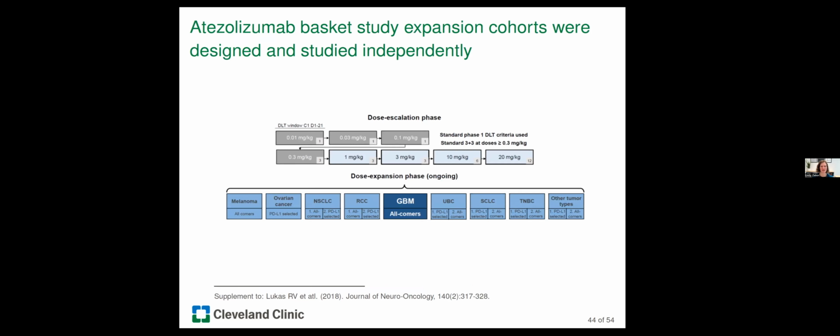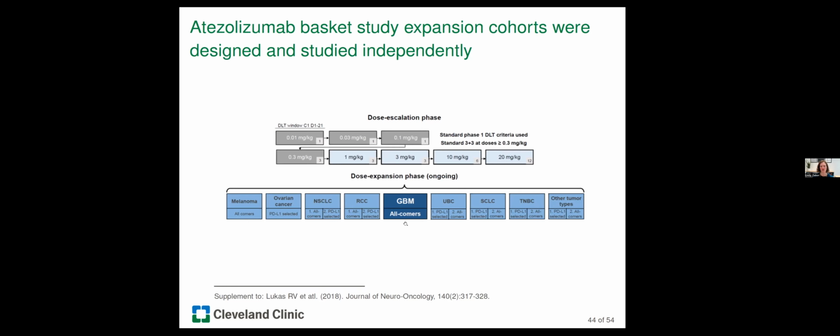So the Atezolizumab dose expansion study really was a basket study. This is a different picture of the study schema where we see not only the 3 originally planned dose expansion cohorts of melanoma, non-small cell lung cancer, and renal cell carcinoma, but also some of the other cancer types that were added through protocol amendments, including the urothelial bladder cancer and also small cell lung cancer, triple negative breast cancer, ovarian cancer, and glioblastoma.